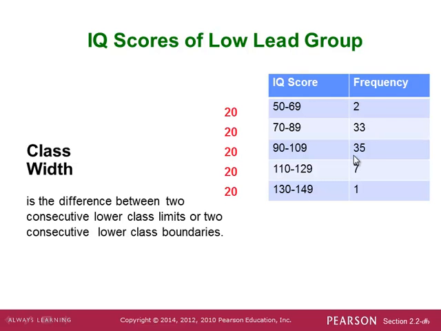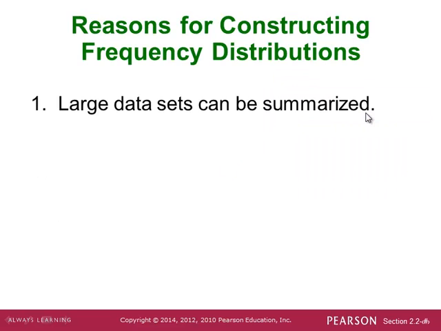This allows me to quickly see roughly what the distribution of those IQ scores is. We can see that there's a lot more clumping of the IQs in the 70 to 110 range compared to the 110 to 149. You can see that there's a peak somewhere in the 90 to 109 range, and that tapers off beyond, as we would probably expect anyway. And then it also tapers off toward the lower end as well.